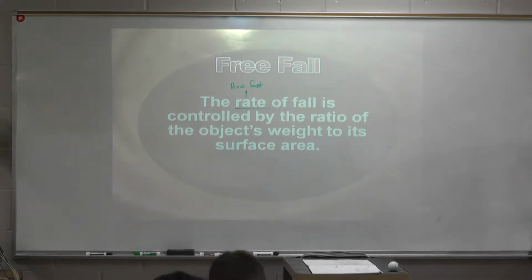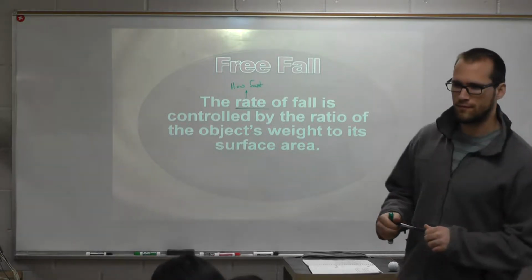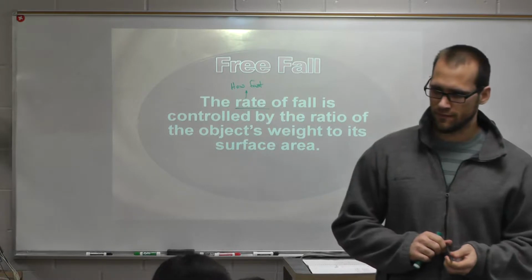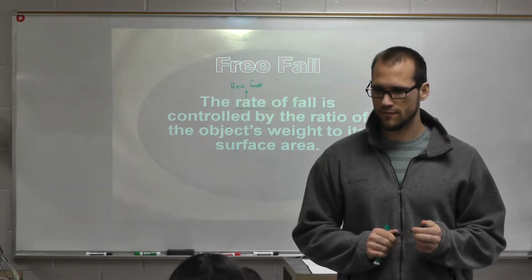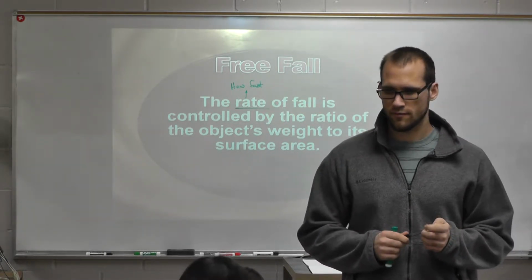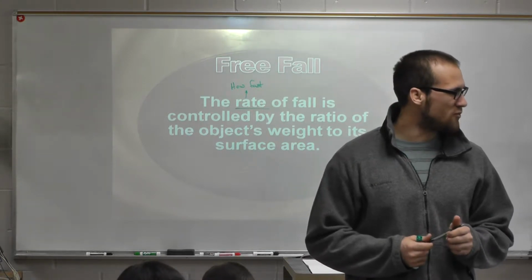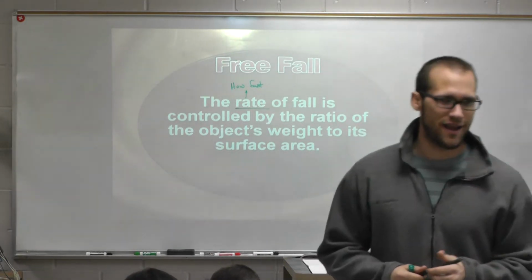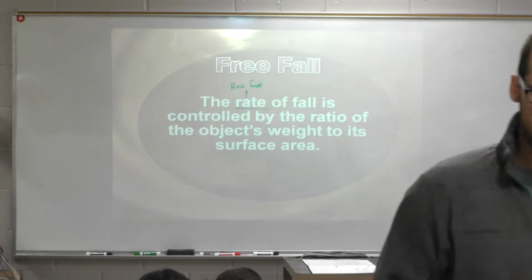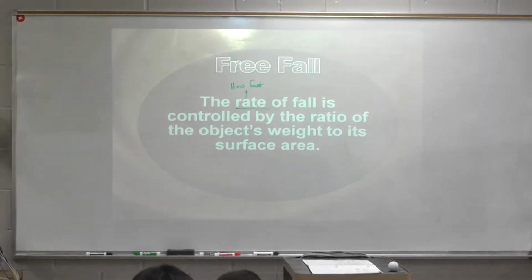Who can tell me why surface area plays a pretty big role in how fast something will fall? Rose? That's the surface area, it will cause how big the air resistance is. Yep. The more surface area you have, the more area air molecules have to apply a force opposing it.